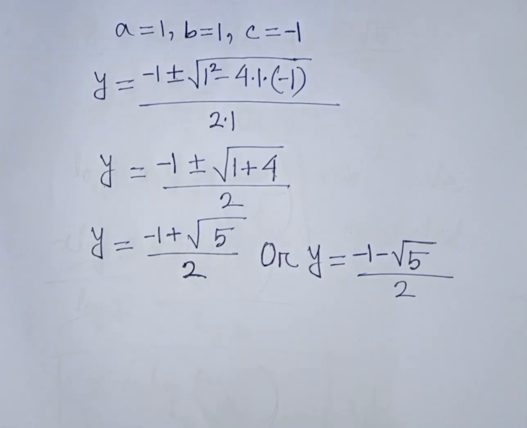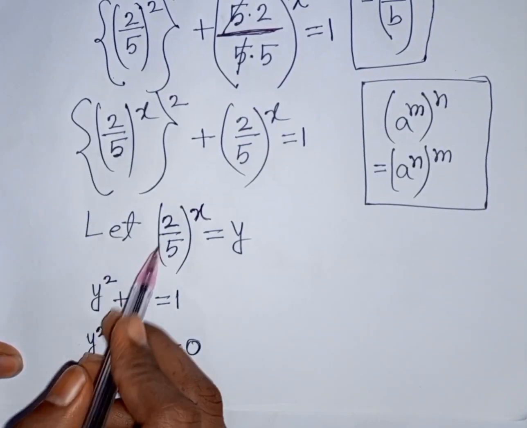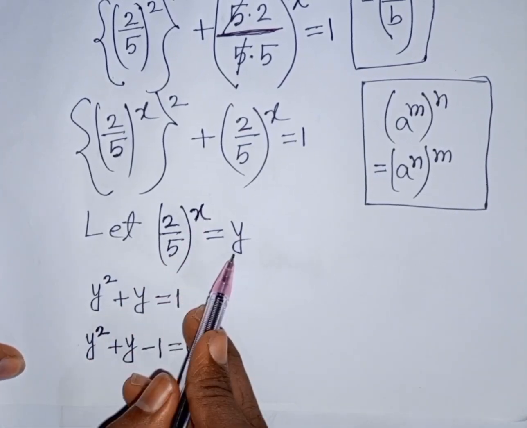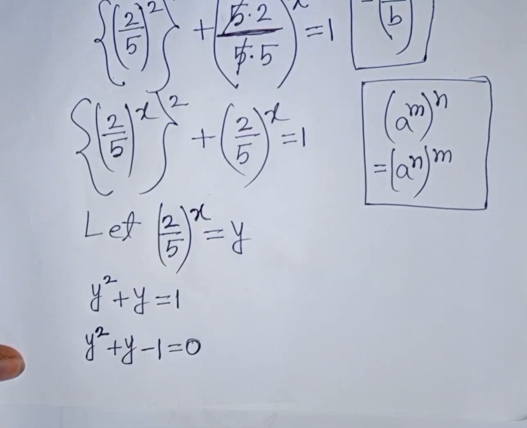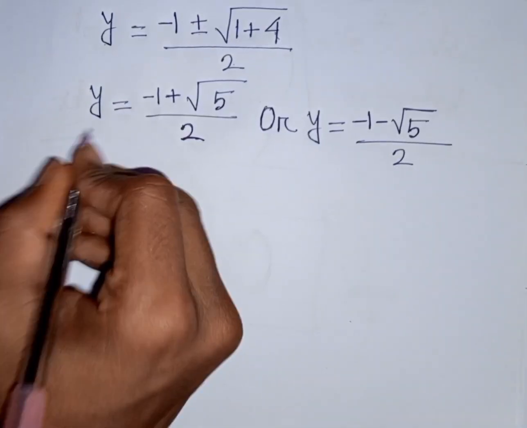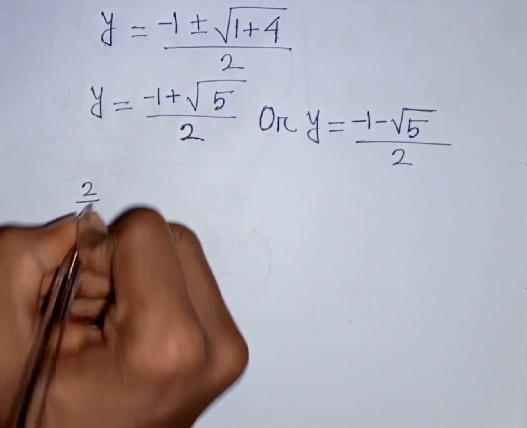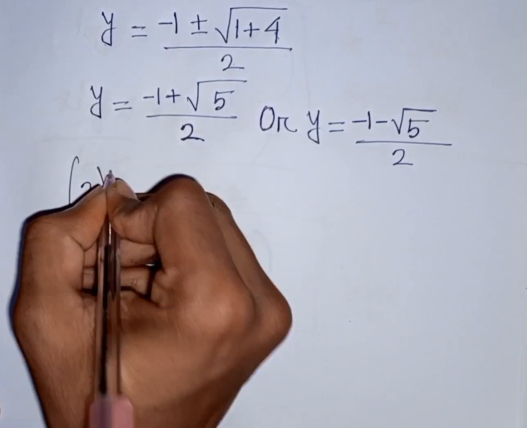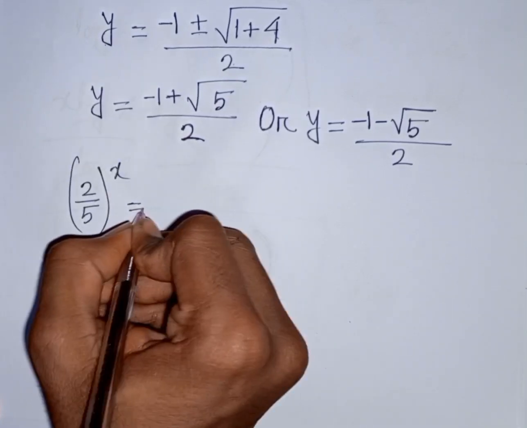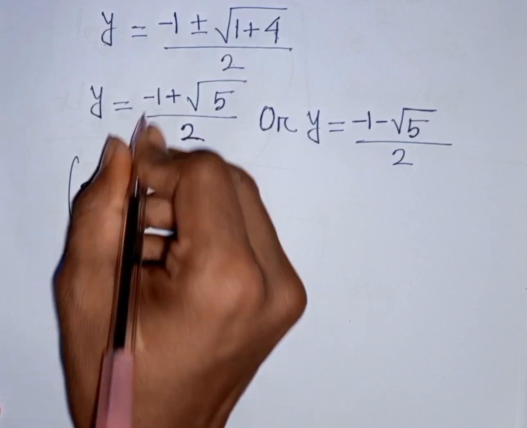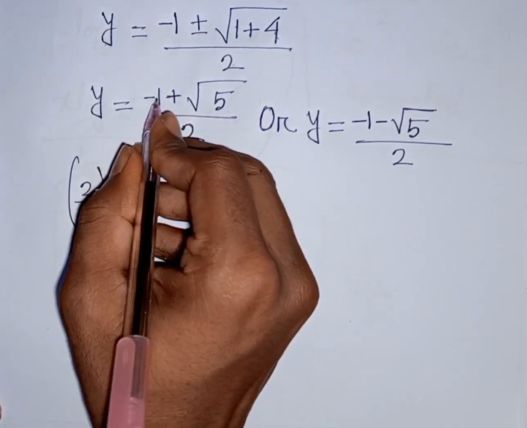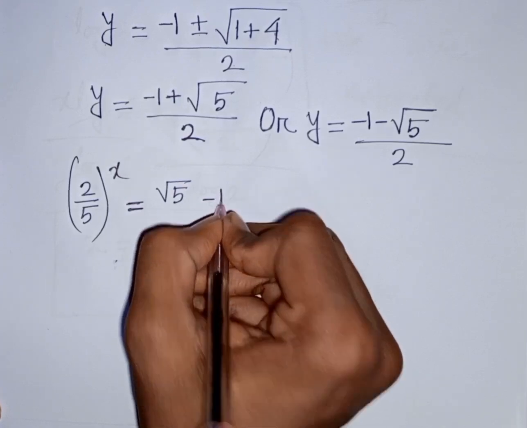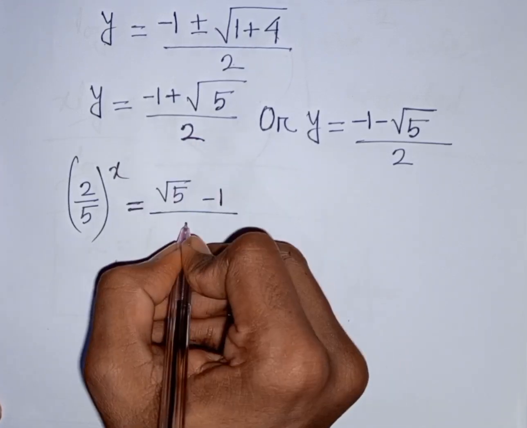But remember that let 2 by 5 bracket power x be substituted by y. So y, that means 2 by 5 bracket power x is equal to a square root of 5 minus 1 divided by 2.